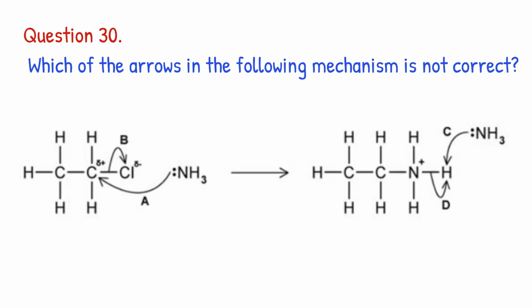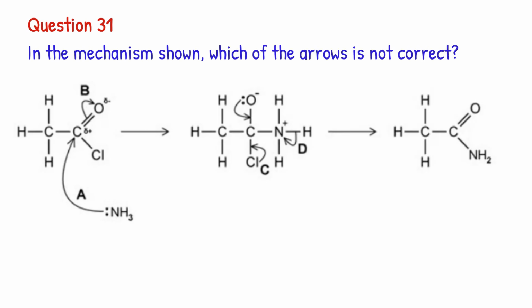Question 30. Which of the arrows in the following mechanism is not correct? The correct answer is D. Question 31.